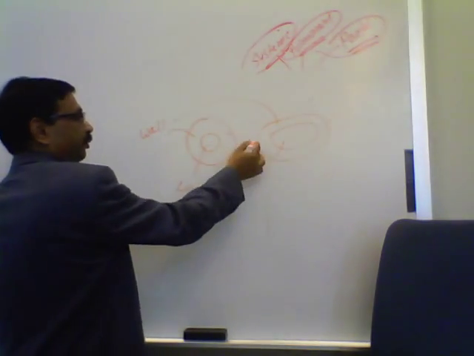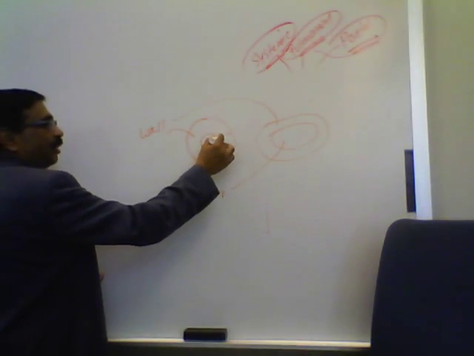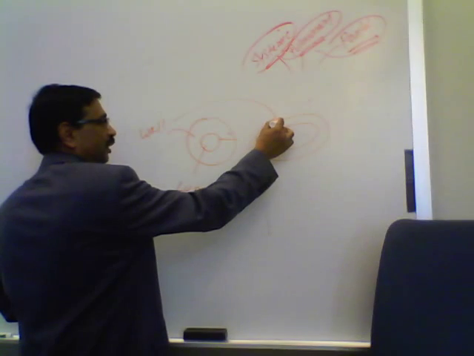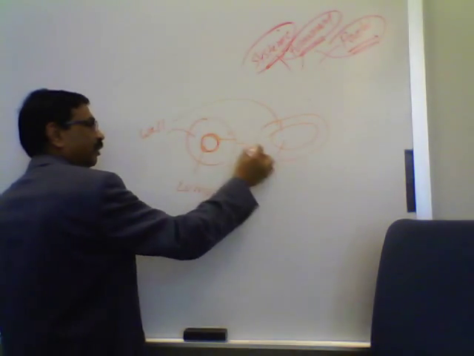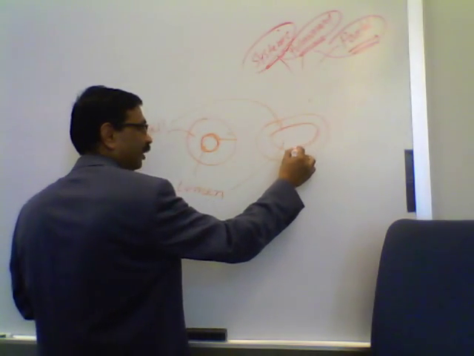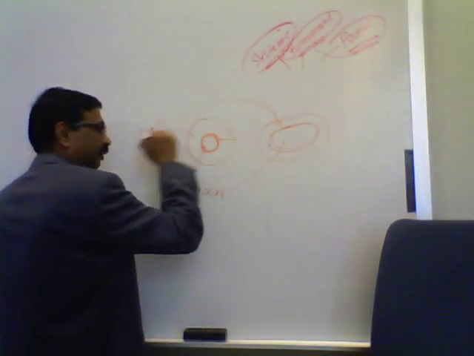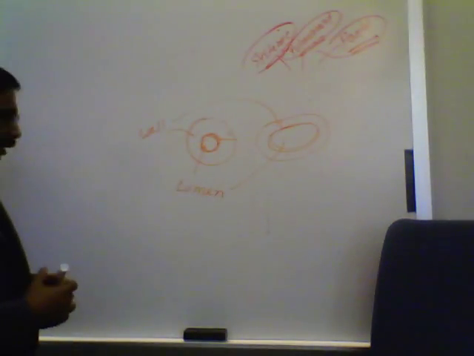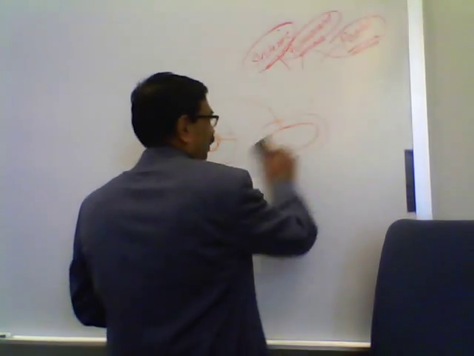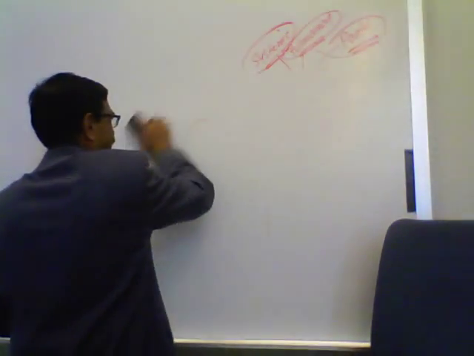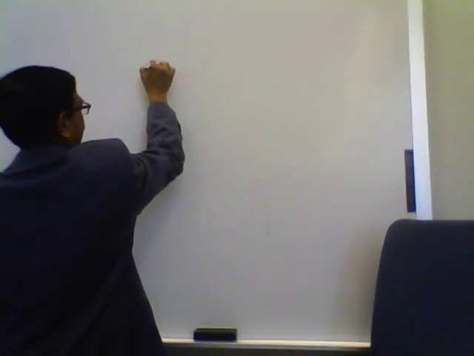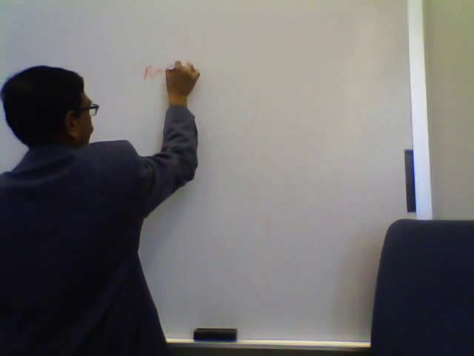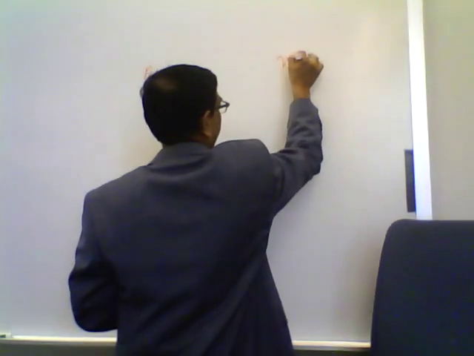Okay, so now if you compare, the arterial wall is thick, venous wall is thin, arterial lumen is small, the lumen in a vein is larger. Okay, so if I ask you, tell me a few differences between an artery and a vein, you can now mention artery and vein.